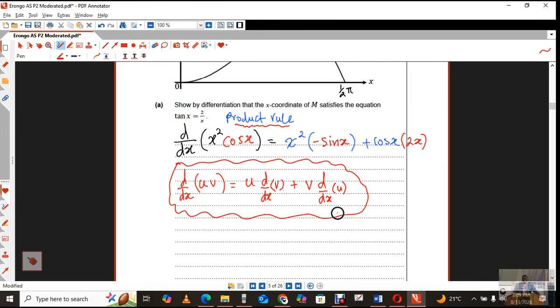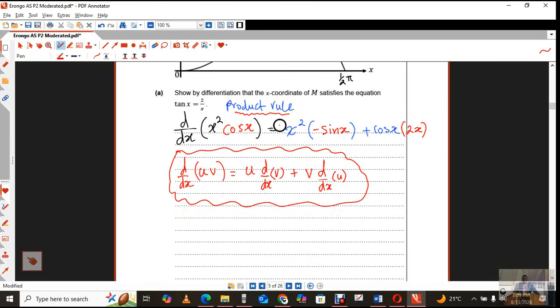So let me just write down what I have so far. dy/dx is equal to minus x squared sine x, that's this one here, and then plus 2x in front, and obviously cos x.